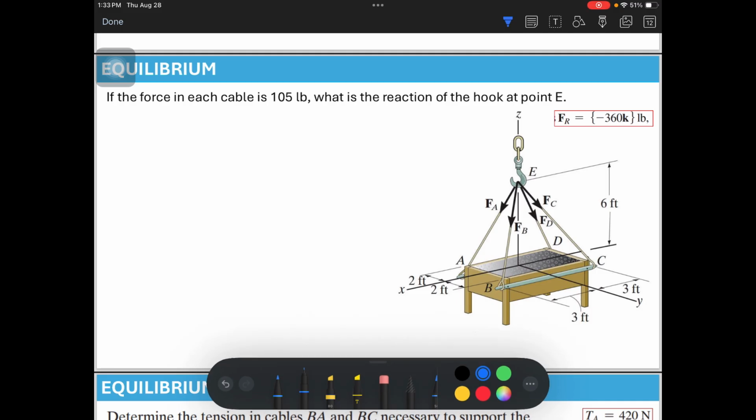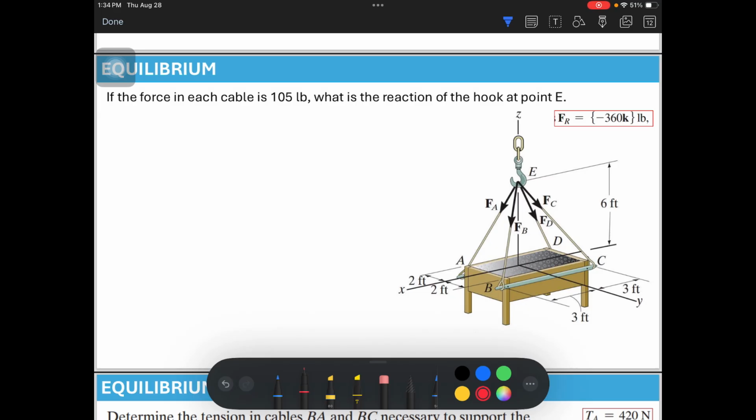Ibig sabihin, resultant of applied loads equal dapat sa support reaction. So, ito applied loads, resultant, ito support reaction. Okay? Para in equilibrium. So, let's solve.